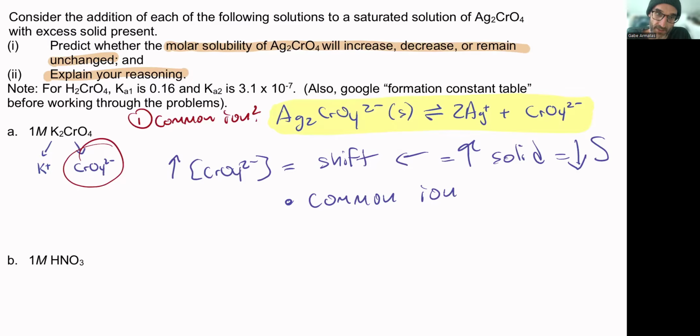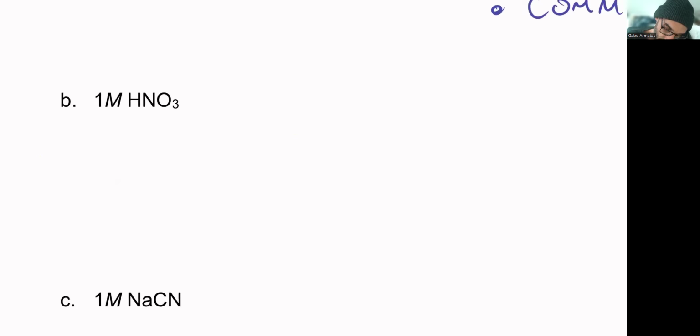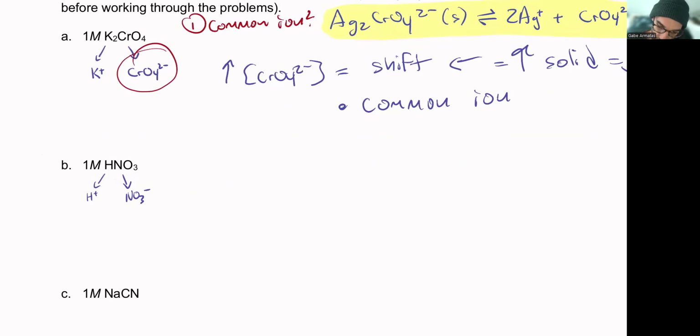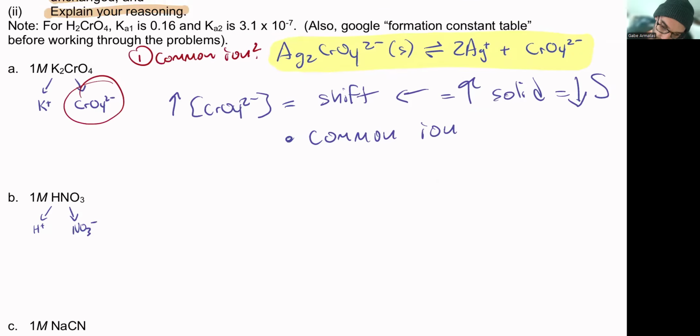So if we look at the next one, again, I'm going to look at what I have here. I have H plus and I have nitrate. Are either of those a common ion? No, neither of those is a common ion.